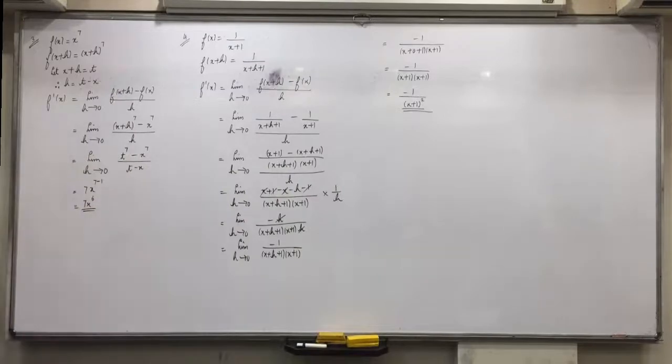So if x changes by 1 unit, then y will change by minus 1 upon x plus 1 whole square value. Did you understand this portion, everyone?